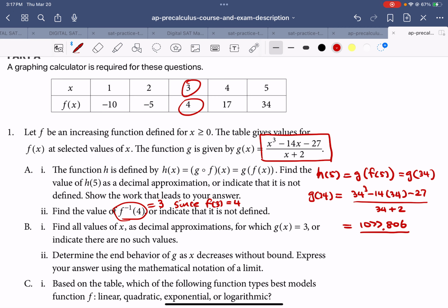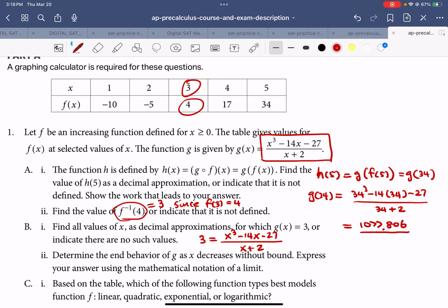Now B, find all values of x as decimal approximations for g of x equals 3, or indicate there are no such values. So you substitute 3 into the left hand side right here. So 3 equals x cubed minus 14x minus 27 all over x plus 2.